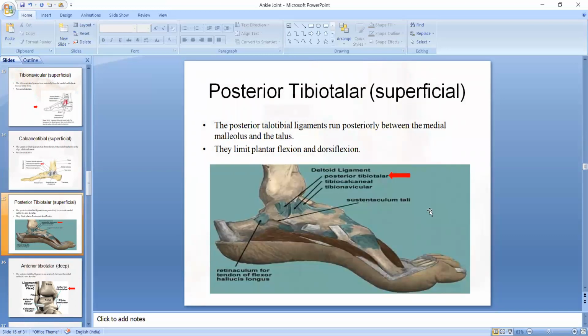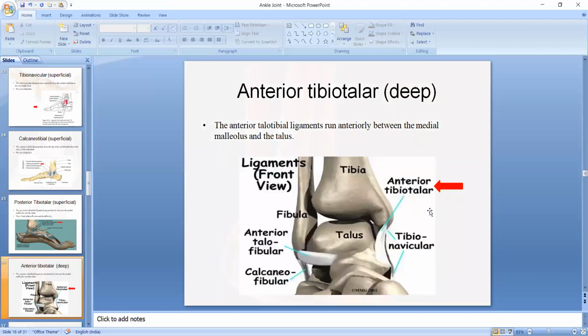Posterior tibiotalar: the posterior tibiotalar ligament runs posteriorly between the medial malleolus and the talus. They limit plantar flexion and dorsiflexion. Anterior tibiotalar: the anterior tibiotalar ligament runs anteriorly between the medial malleolus and the talus.